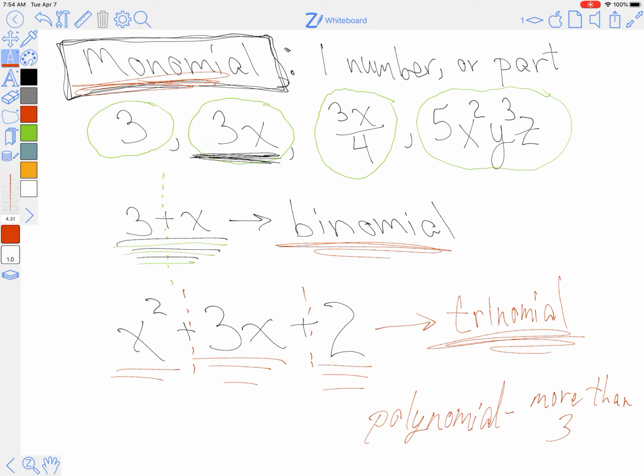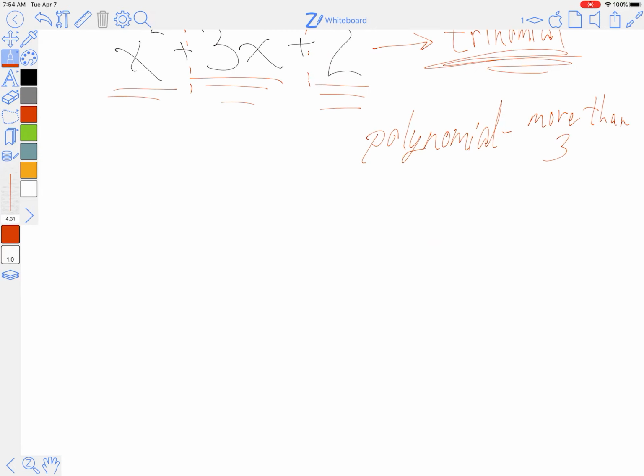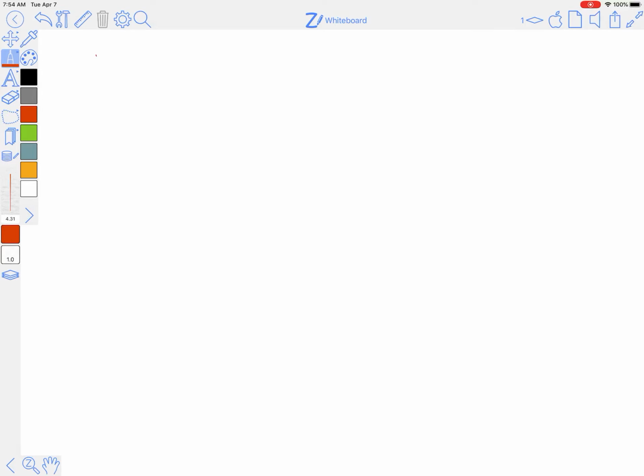Okay. Another thing they ask you about are some of the words that you will be hearing. How many terms? What's the degree? Leading coefficient.